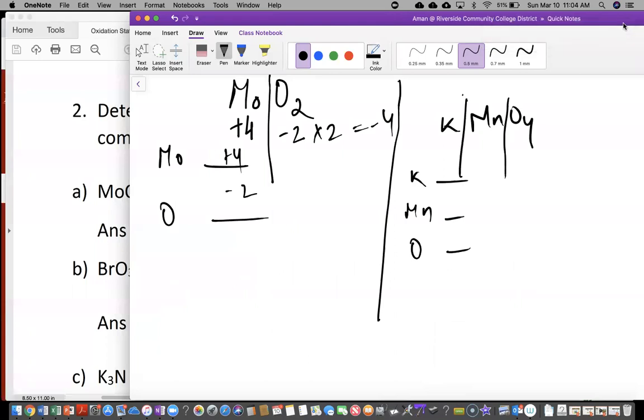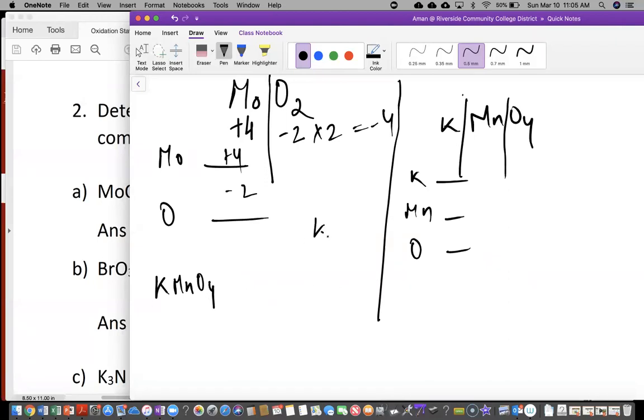So KMnO4, if you look at the rules that I gave you guys, or you can just think about it, for which ones are the charges fixed, K, Mn, or O? Well, you said K and Mn both have 0, right? Because they're by themselves. No, they're not by themselves. You see, K, Mn, O4, they're not by themselves.